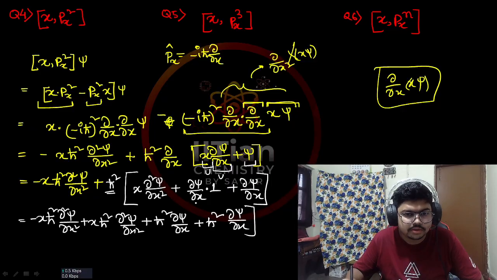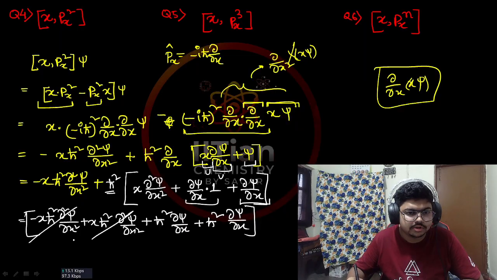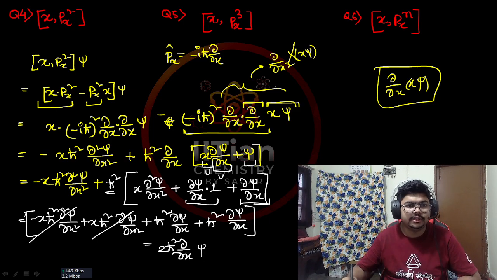Got it? This portion cancels out. Then 2h cross square del x of psi. Clear?